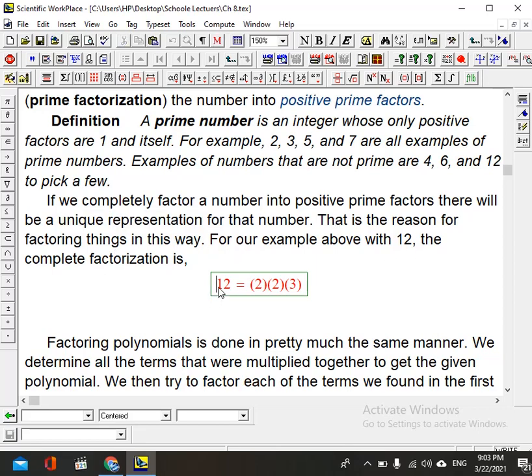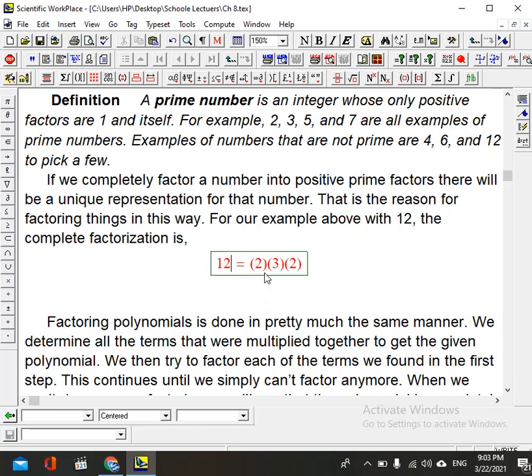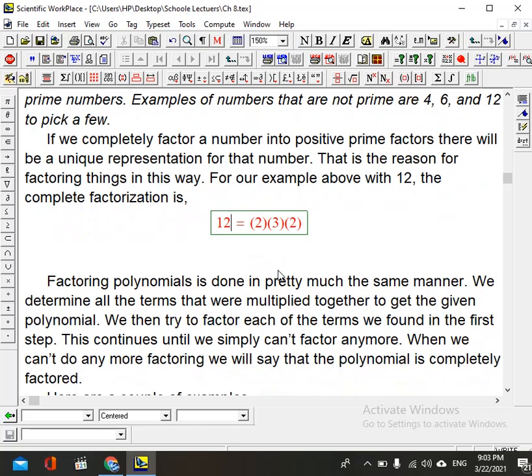For example, 12 is 2 times 2 times 3. If I change the order, 2 times 3 times 2, it is the same representation. I said it's unique up to order, and the order is not important because multiplication is a commutative operation.